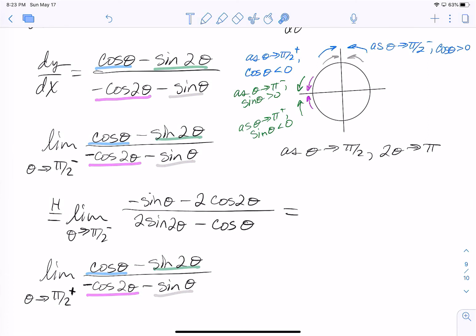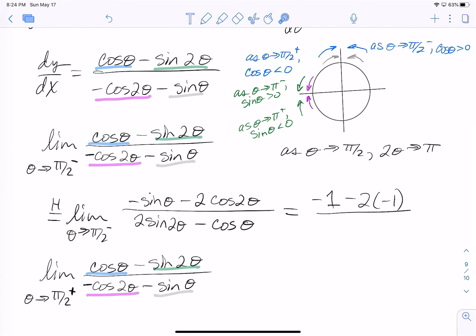Evaluating this expression as theta approaches pi over 2 from the minus side now, sine of theta is going to approach 1, so in the numerator negative sine of theta approaches negative 1. Cosine of 2 theta as theta approaches pi over 2 from the minus side means the argument is approaching pi from the minus side, and the cosine of pi is negative 1.